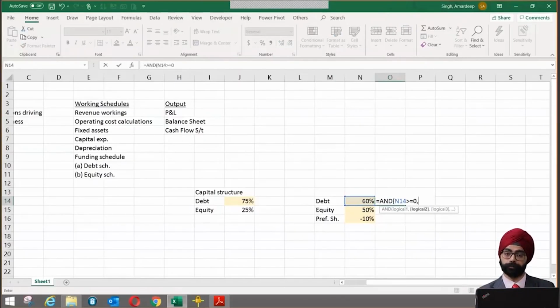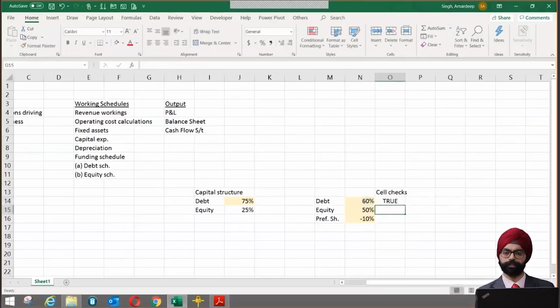At the same time, I need to make sure that this number is also less than or equal to 1, which is basically 100%. So I'm going to say this cell less than equal to 100%. And see, it's giving me true, and the same check I can put for equity and preference shares as well.